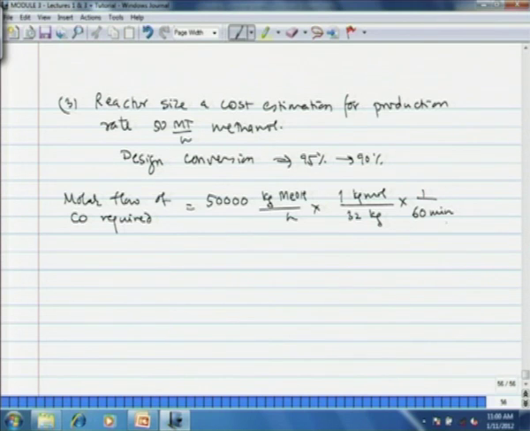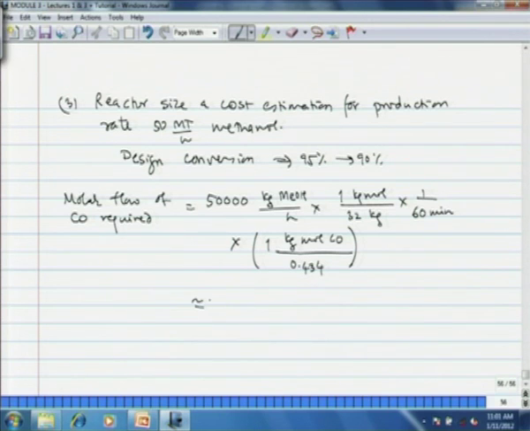So, we convert hour into minute, the hourly production to minute production, and then as I said that not all of the CO gets converted. So, we take this, the 90% conversion, 0.434, 90% of 0.484 that we estimated as equilibrium conversion.